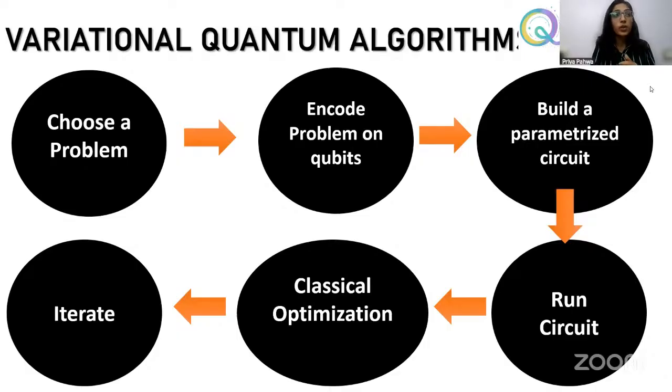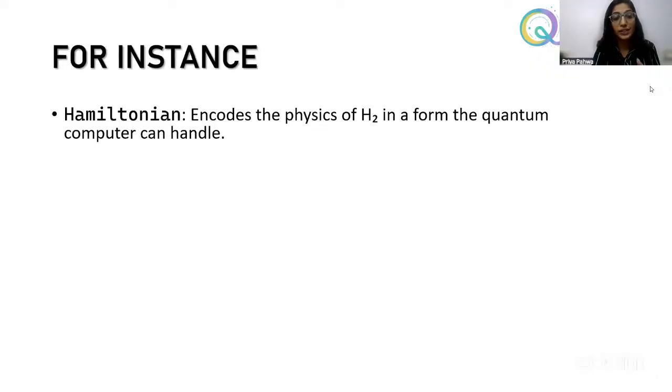Also, when we talk about the variational quantum eigensolver, it's not just that we are defining the Hamiltonian. When I say Hamiltonian, it doesn't just restrict to potential energy and kinetic energy. There are so many things associated, like the interaction energy.